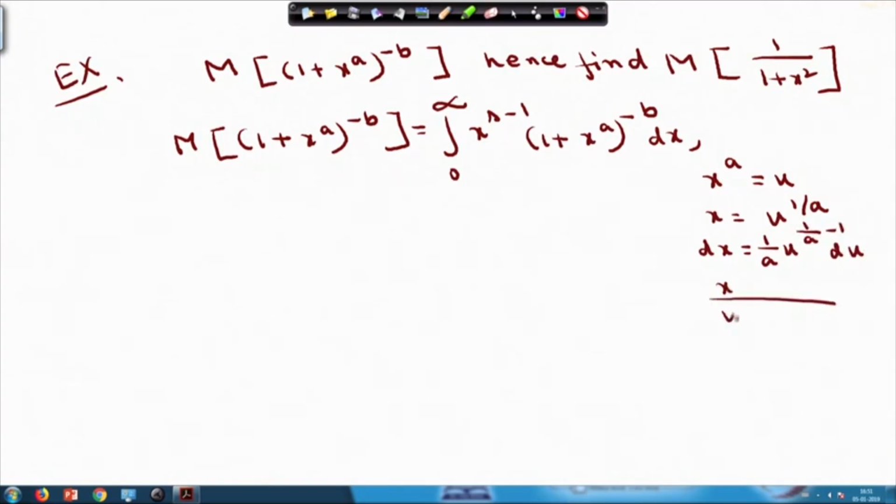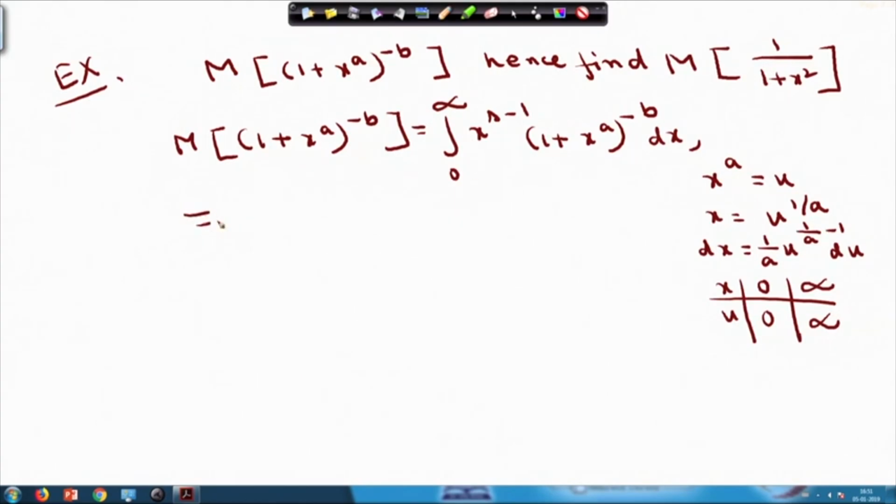For x equal to 0, u will be 0, and for x equal to infinity, u also will become infinity. So, the limits of the integration will remain the same, 0 to infinity.